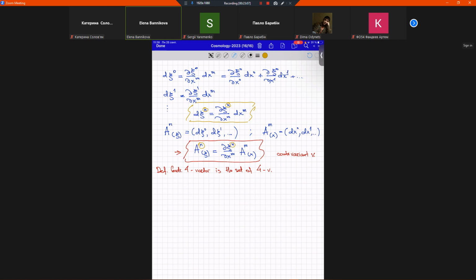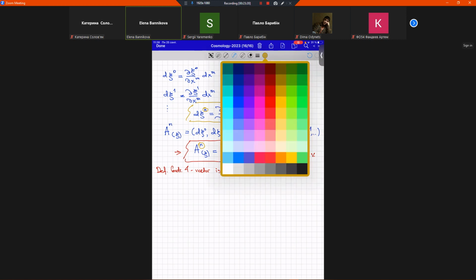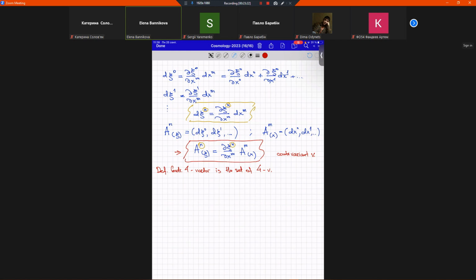You can see here n and n, from the left and from the right side, are located as upper indexes. So when we speak about a contravariant vector, if I say contravariant vector A, it means that you need to put some index, I or n, doesn't matter, but put it as the upper index. So this is a point.